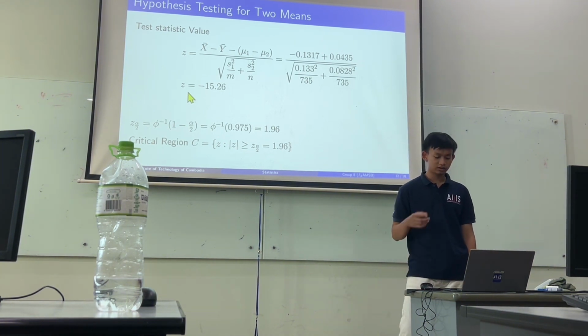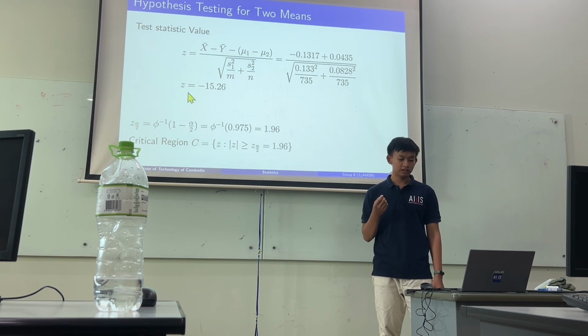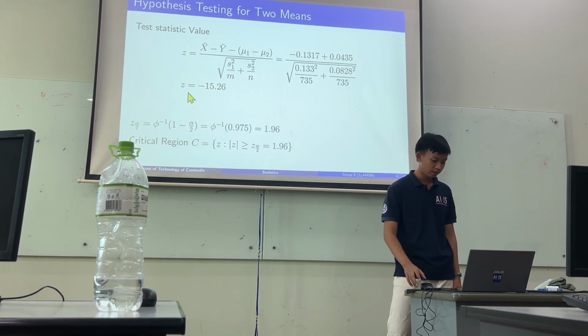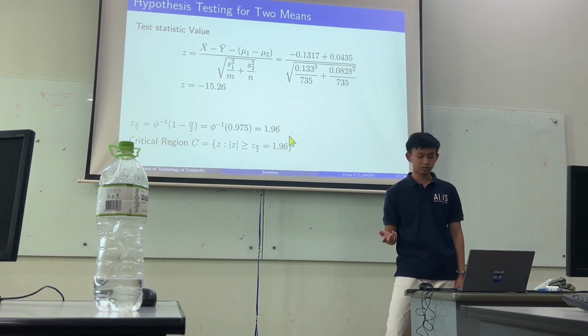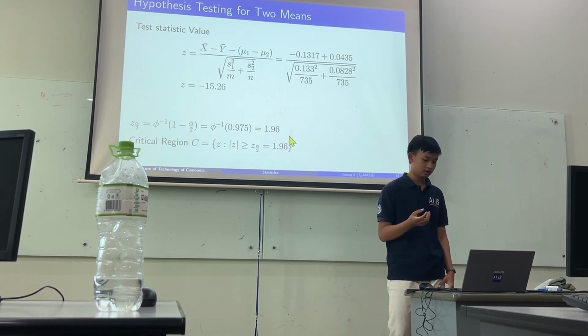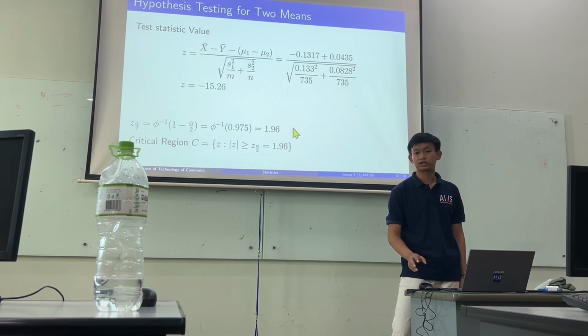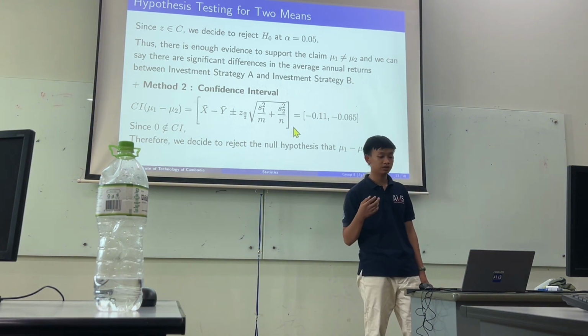Since it is a two-tail test, the critical region is absolute value of z greater than or equal to z alpha over 2. Calculating z alpha over 2, we get 1.96. So since the absolute value of z is greater than z alpha over 2, we decide to reject the null hypothesis, and we can say that mu1 and mu2 differ from each other.